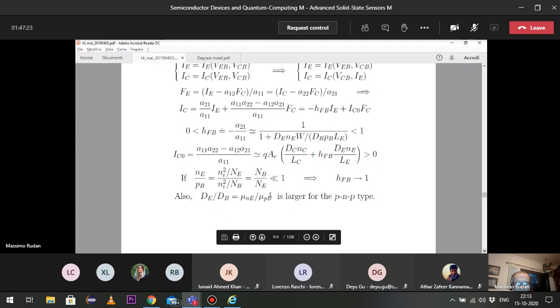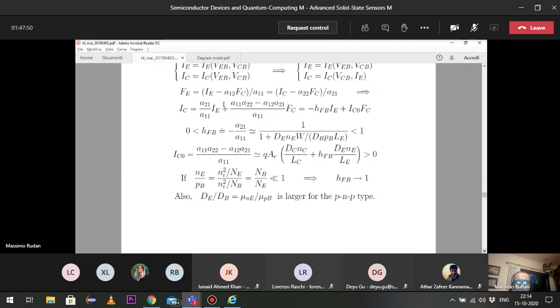So this ratio is larger than 1, because the mobility of the electrons is larger than the mobility of the holes. So if we take, instead of the PNP transistor, the NPN transistor, we reverse this ratio, and the gain is even better. It's even closer to 1, okay?